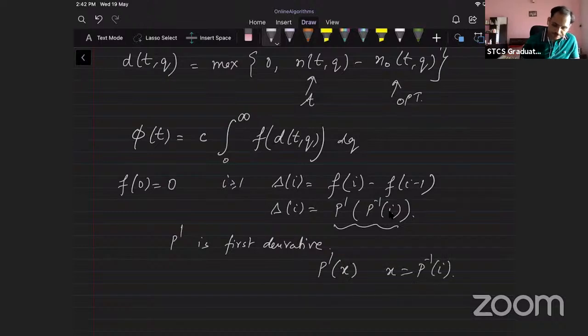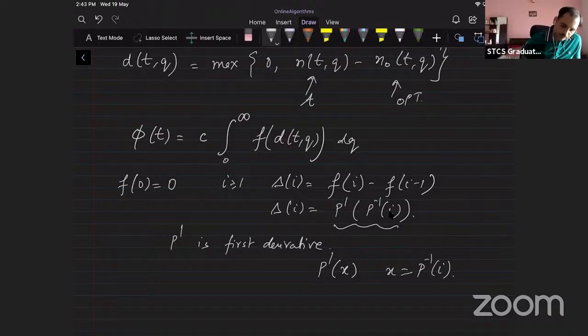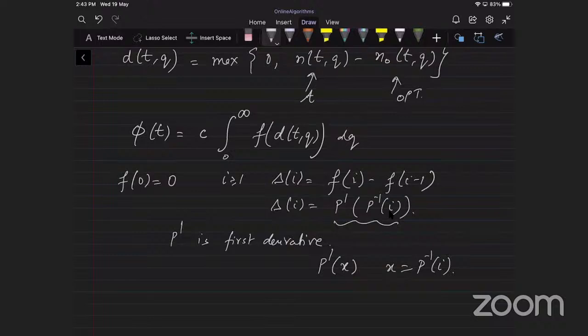That's what this means. Is this function clear? f and then phi of t. Praveen, is this clear? Is the definition clear?